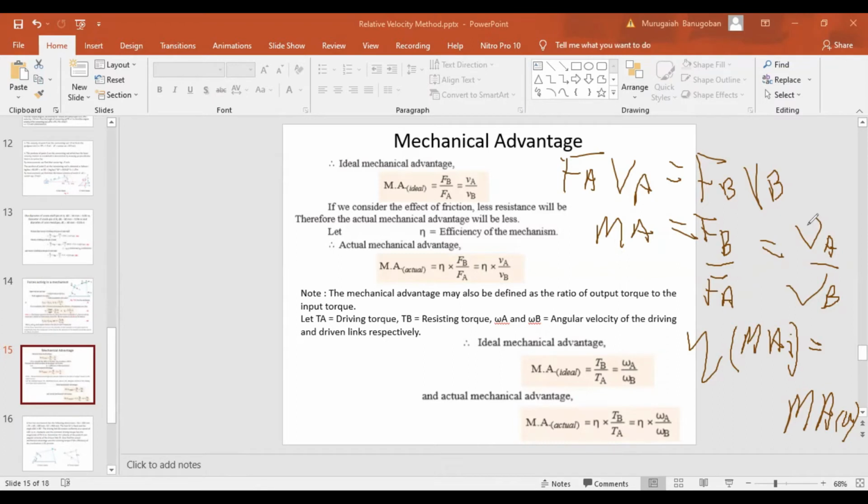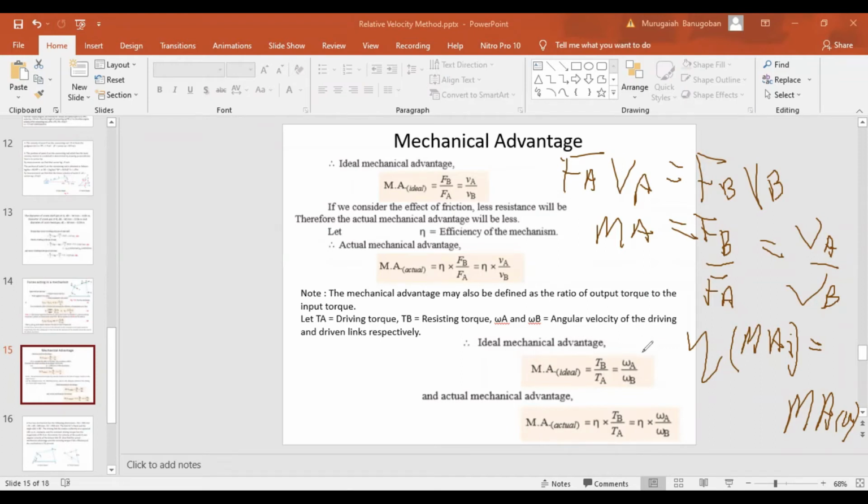Right? So if I have F and V, I can go with this equation. If I have only tau and omega, then we can go with another equation also, right? The mechanical advantage may also be defined as the ratio of output torque to the input torque.